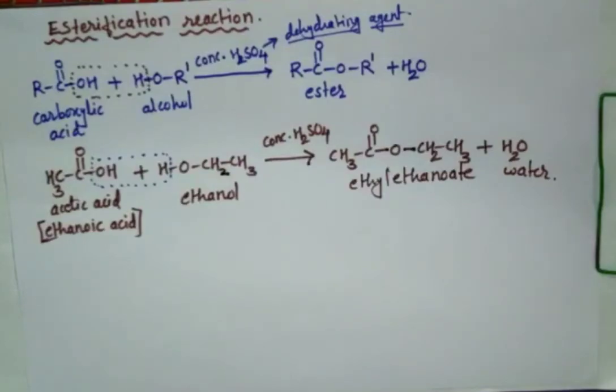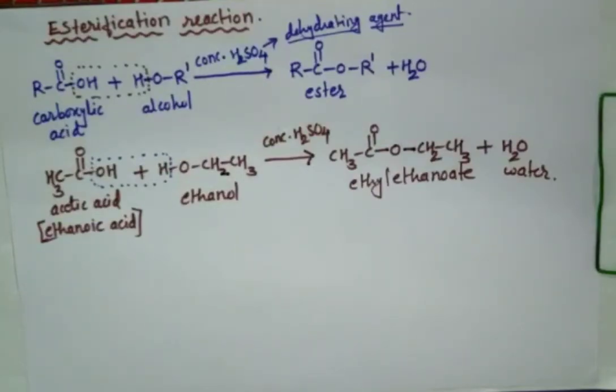This reaction is called esterification, that is ester formation. Esters usually have a fruity smell, and this mixture of carboxylic acid and alcohol in the presence of acid will form a fruity odor compound, that is ester. During this esterification, the OH group of the acid combines with the H of the alcohol group, forming water.